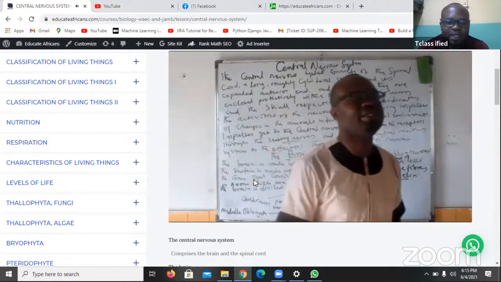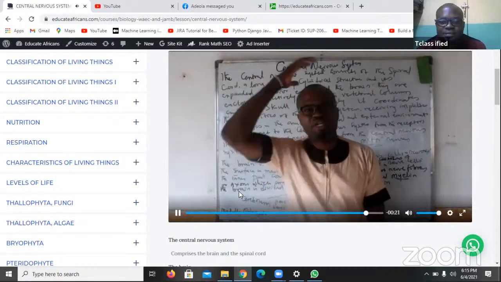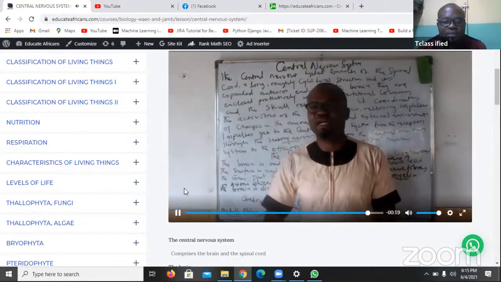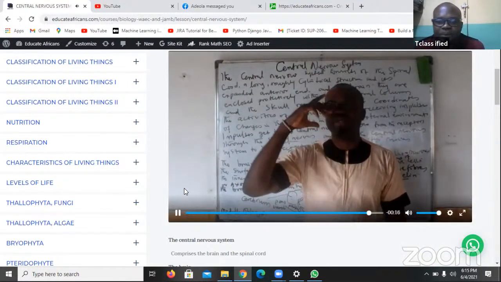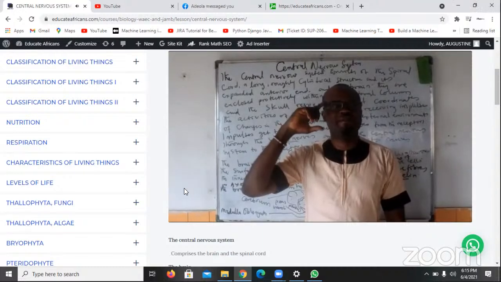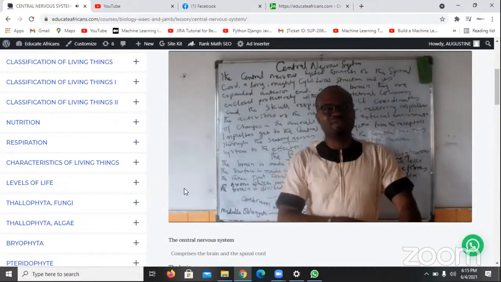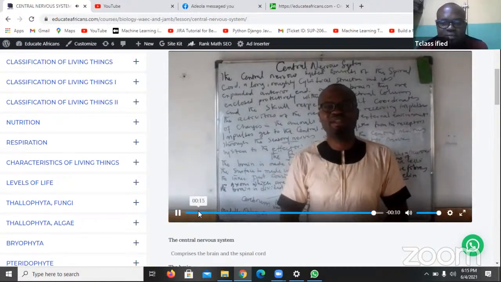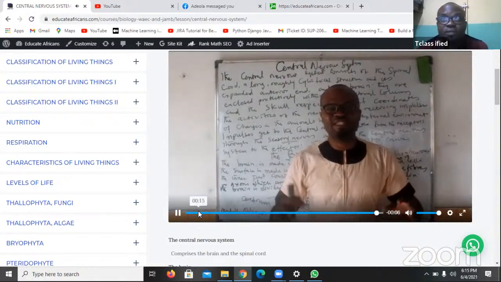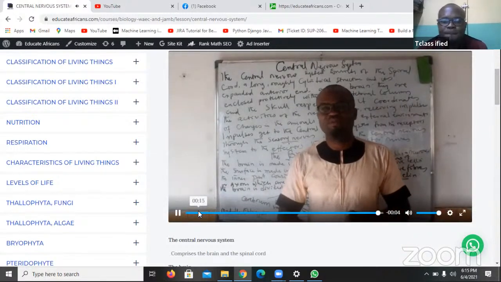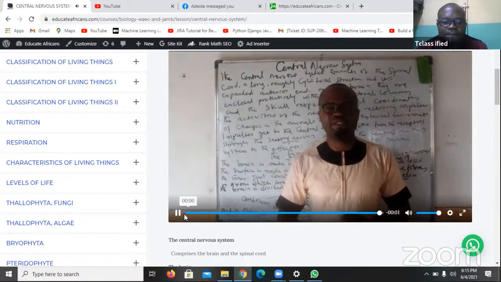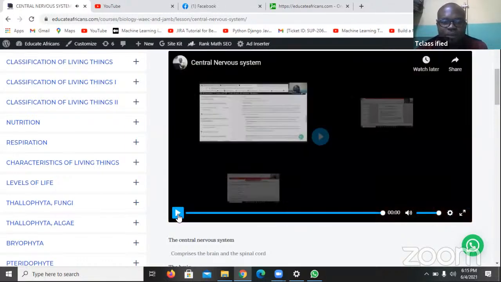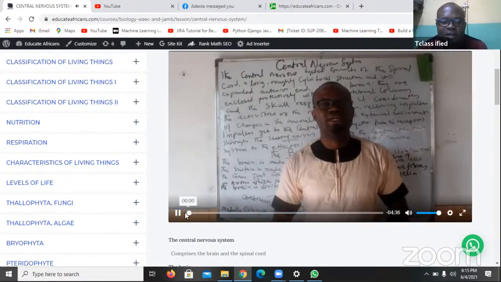So you need to know these various parts of the brain. And all this goes into enabling the coordination of the activities of various parts of the body, which is the main function of the nervous system.